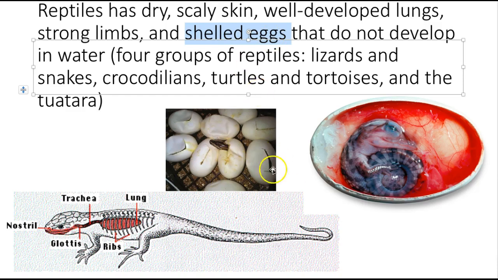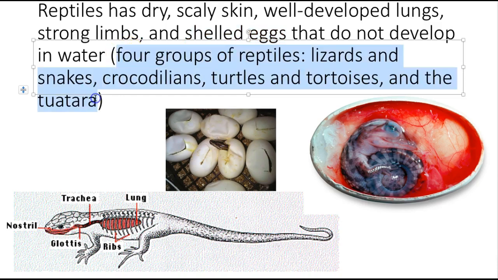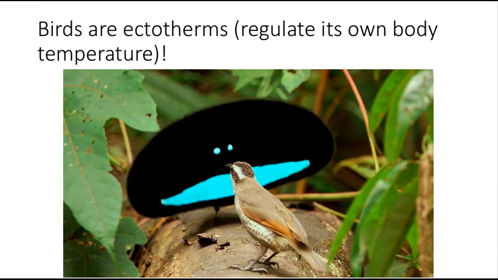So the shell allows all the water and the embryo itself to be protected within the shell, which is great for reptiles. And there are 4 groups of reptiles: lizards and snakes, crocodiles, turtles and tortoises, and the tuatara. I'm not sure if I'm pronouncing that right, actually. Sorry.